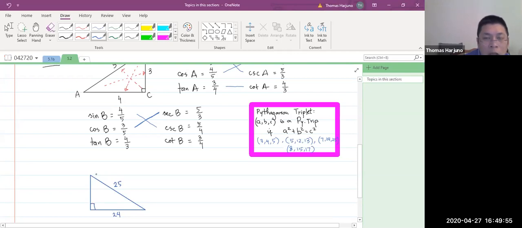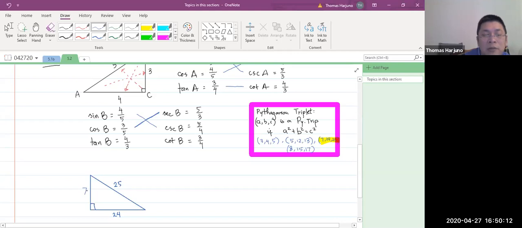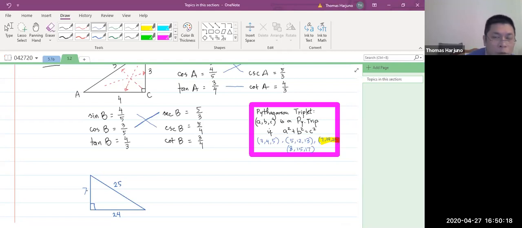If you memorize that triplet, then you realize, oh, you know what? The hypotenuse is 25, and one of the legs is 24, then the other leg must be 7. That's how we use it. Instead of using the Pythagorean theorem again and again for something we do very often anyway, we will just do it by memorizing.